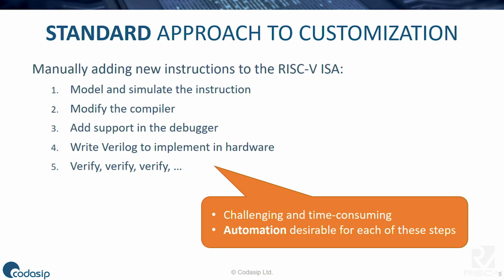You need to enhance the debugger tools to be able to disassemble these instructions or understand them. And obviously, you need to write the RTL to have a real thing at the end of the day. And last but not least, you have to verify every single step, because usually you have separate teams that do such a thing. Now, it's quite challenging and time-consuming in this kind of standard approach. So automation is needed whenever it's possible.